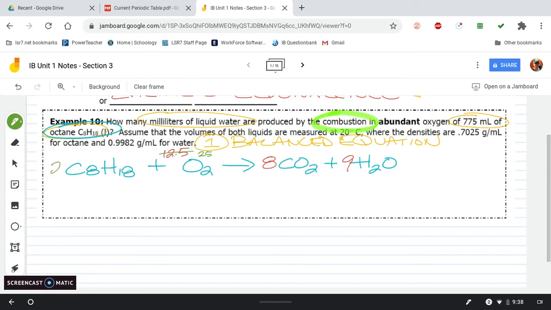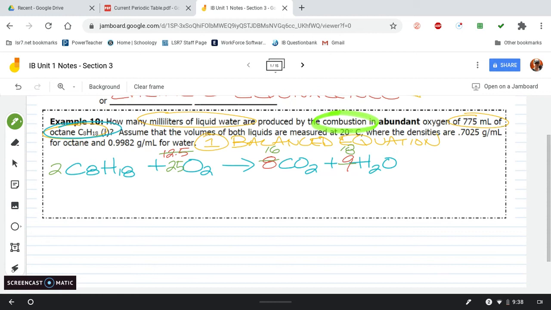So 1 times 2 is 2. And then let's go ahead and put our 25 in a better spot, right here. And that's a 2. And then that's 8 times 2, so that's going to be a 16. And then 9 times 2 is an 18. So there's our coefficients.